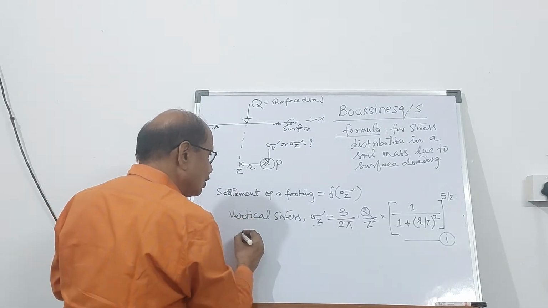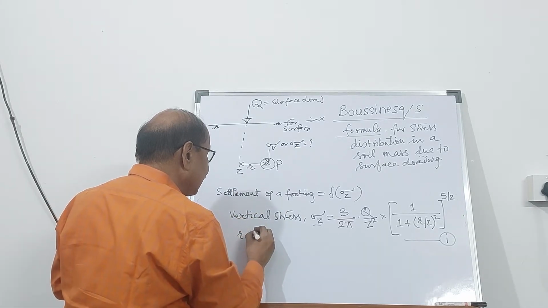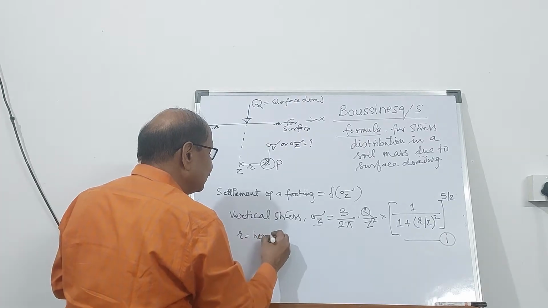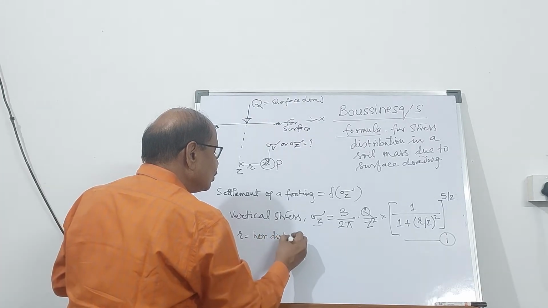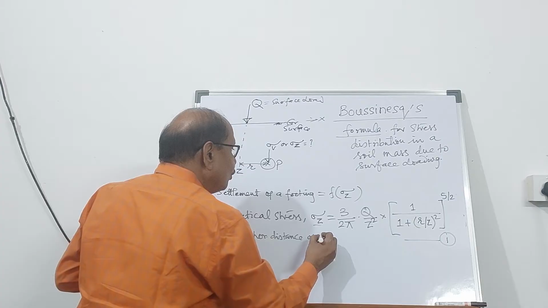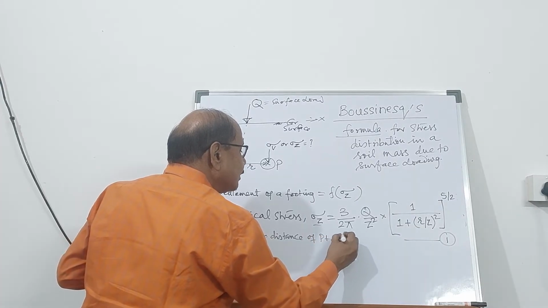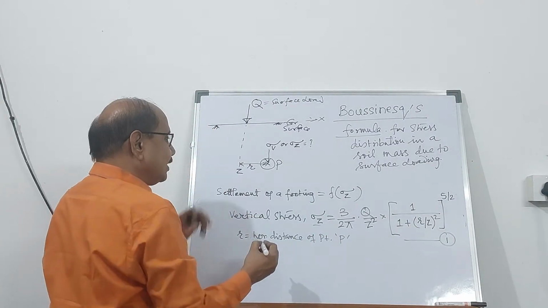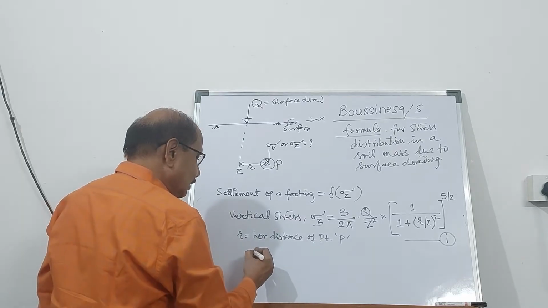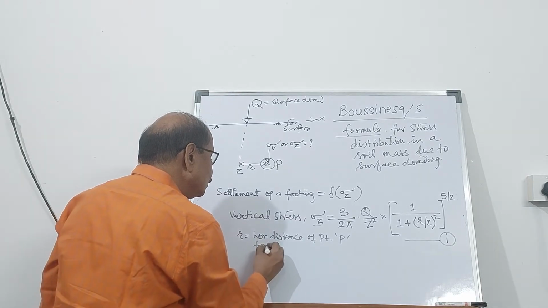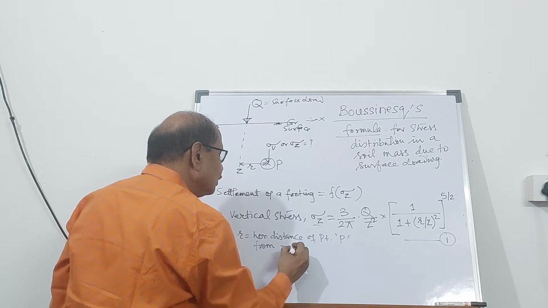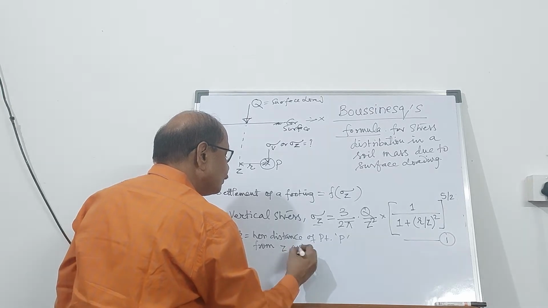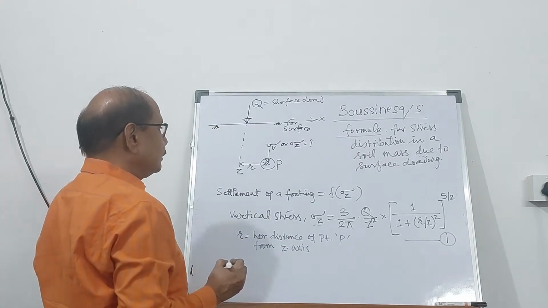So r is here the horizontal distance of point P where you want to find out the vertical stress from z axis, right?